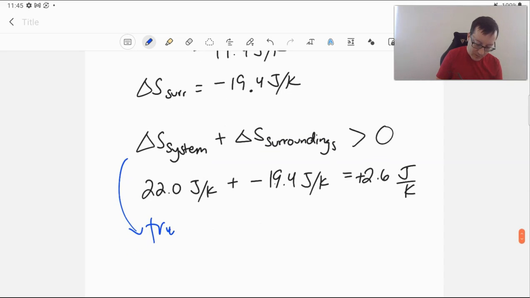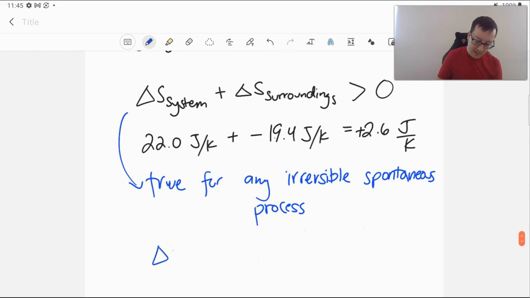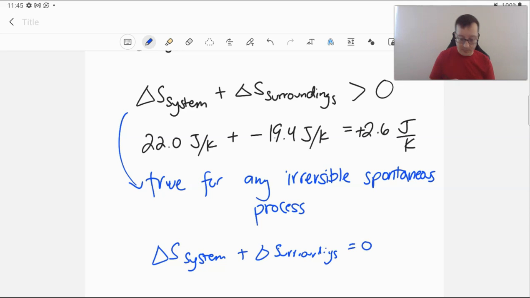This is true for any irreversible spontaneous process. For a reversible process, by the way, it will be equal to 0.